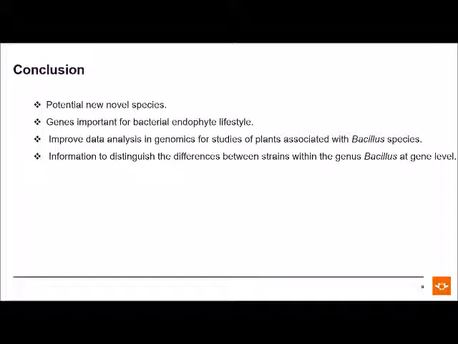Furthermore, this genome analysis will provide information to distinguish the difference between strains within the genus Bacillus at the gene level. That brings us to the end of my presentation.